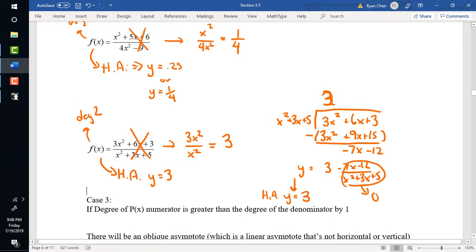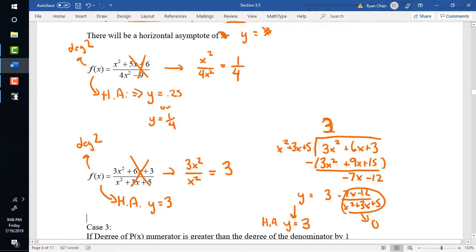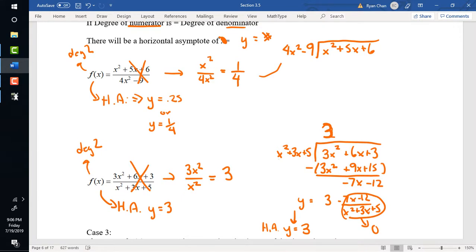Let me show you the other one really quickly as well. We can also do long division, and we should get 1/4. So I'll do x squared plus 5x plus 6 all over 4x squared minus 9. This is 1/4, so I multiply both of these by 1/4. This is going to be x squared plus 0x, and this is negative 9/4.